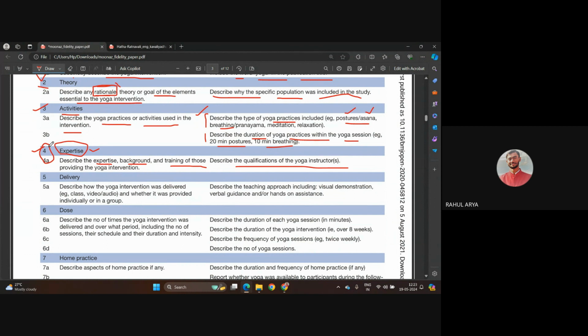One exercise given by a PhD scholar and the same technique given by a diploma student with very little experience will give different results, even though the intervention is the same. So there is bias here. To recognize that bias, they added this point. Describe whether the teacher giving the practice was actually eligible or not.